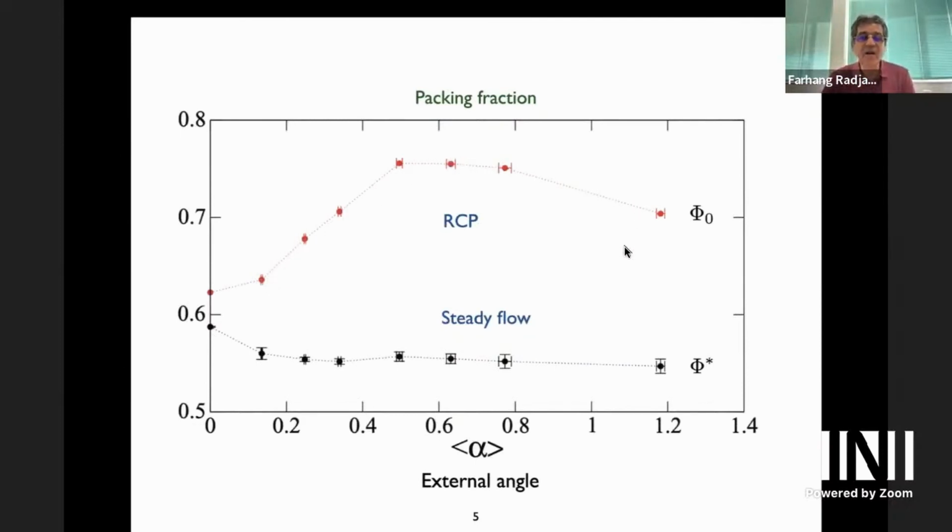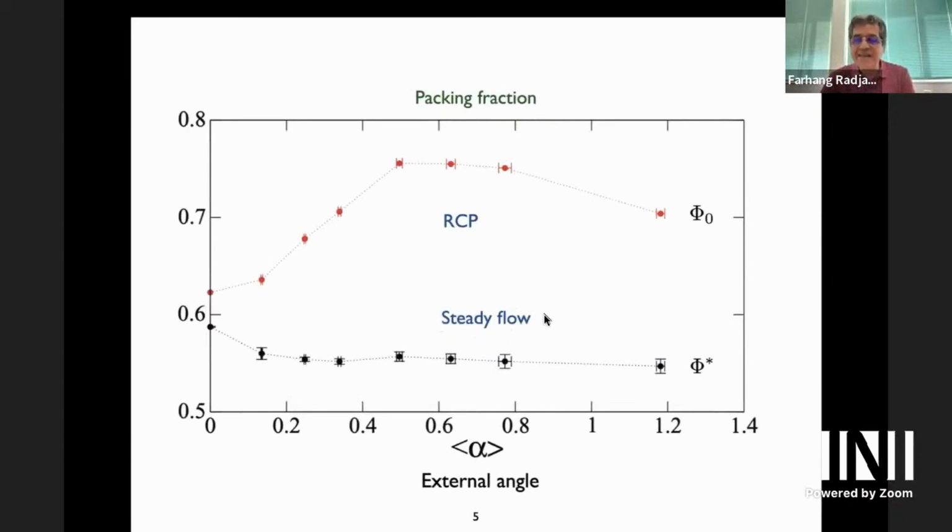So this is a non-monotonic change of the packing fraction due to the interaction, the contacts between the points of high curvature and low curvature. So we have steric exclusions and steric inclusions, and we have here a competition between these two effects.